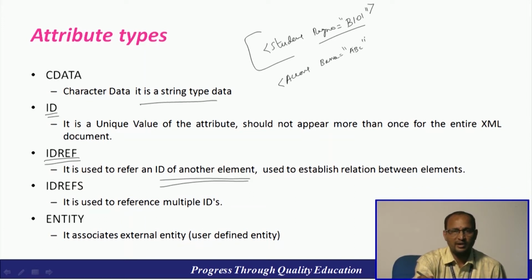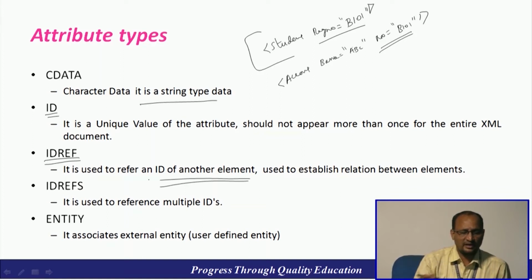This is the bank name, and his account number I can repeat as B101, which means it refers to that particular student, the student who maintains his account with ABC Bank in the same campus. So I would like to have this reference, which will be referred from another element, especially from an ID.